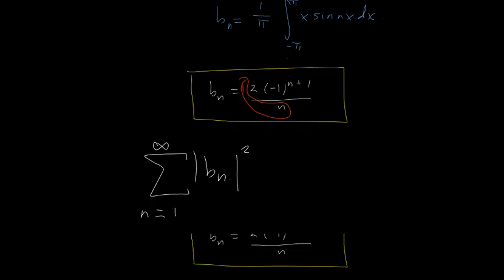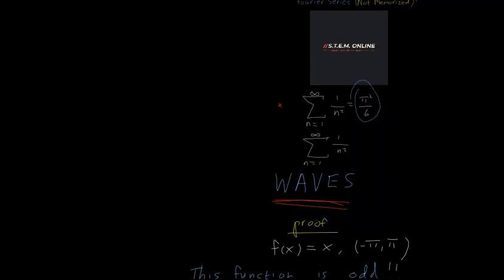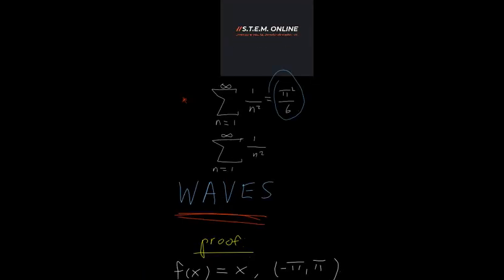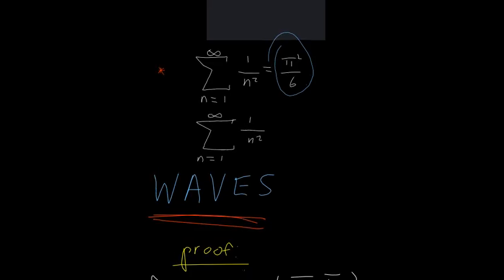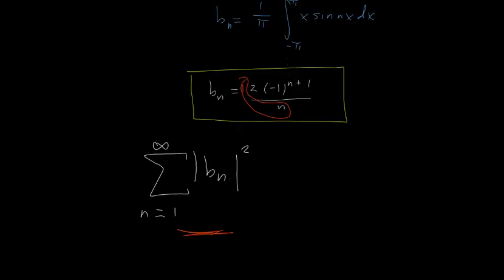If I don't have Parseval's identity, I won't be able to equate this to my Riemann zeta function, the sum of 1 over n squared. The key to using Parseval's identity is that there's a correlation between the b sub n squared and that 1 over n squared.